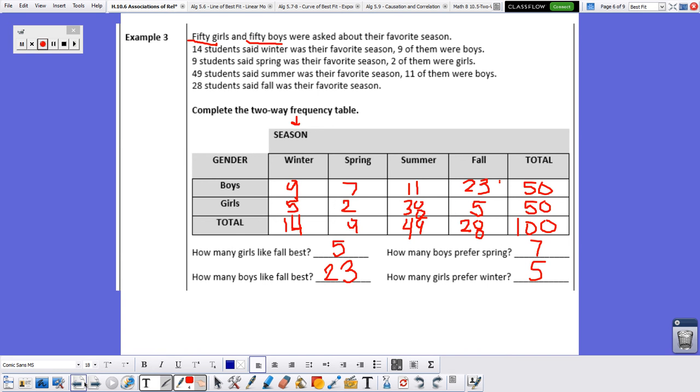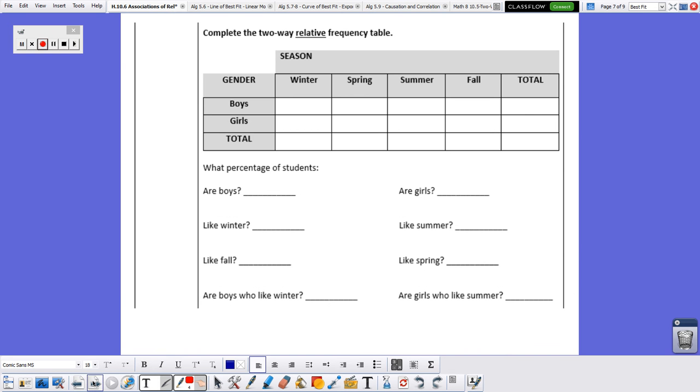Flipping back, there it is. Our total was 100. So in our first column, we divide 9 by 100. This is going to be super easy because if we're dividing by 100, we're moving our decimal 2 places back. So for boys, we have 0.09. We took that 9, our decimal was here, we moved it 2 back. That's all we're doing for every single one.